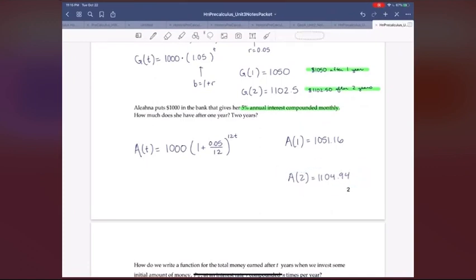So $1,051.16 after 1 year, $1,104.94 after 2 years.